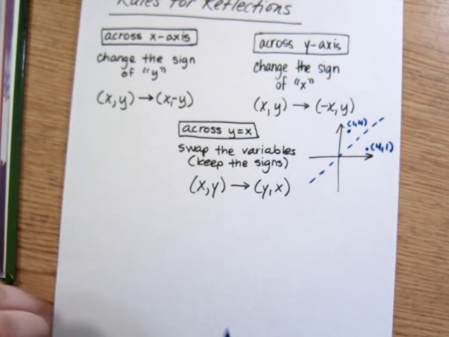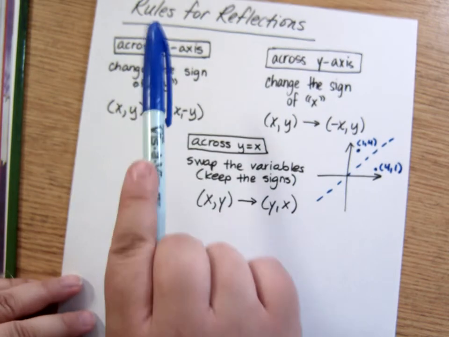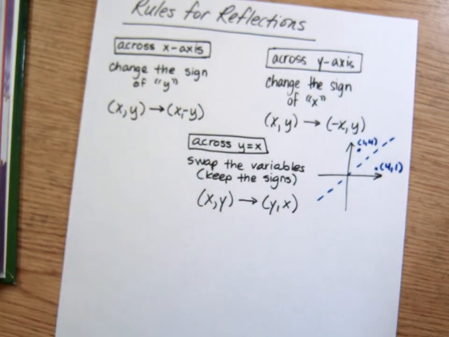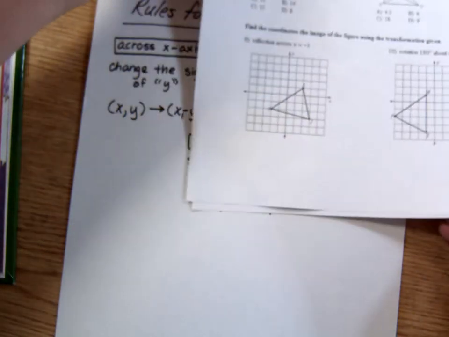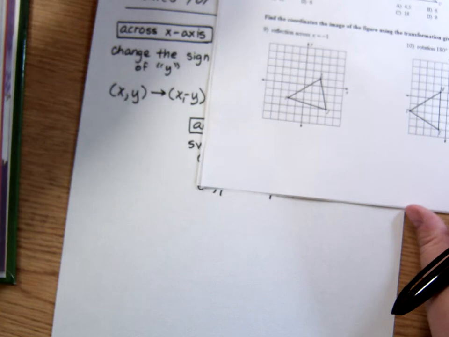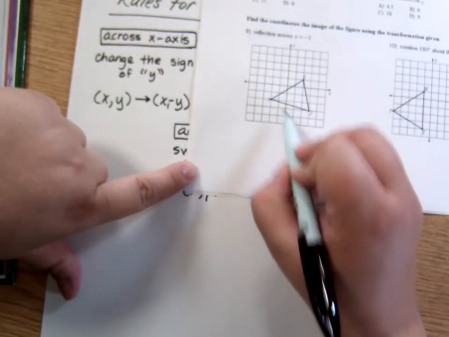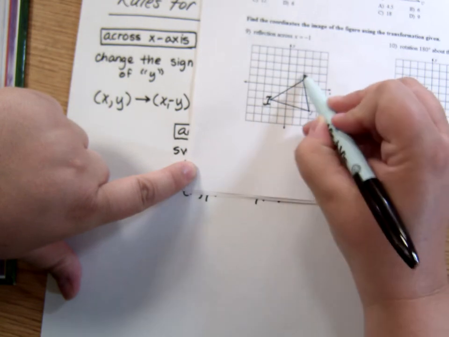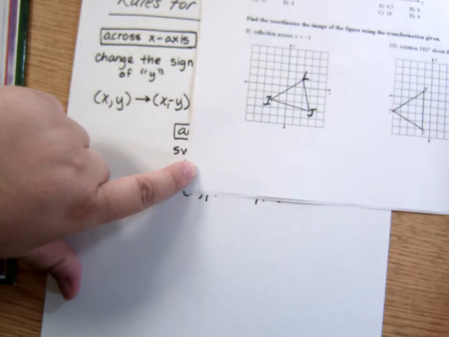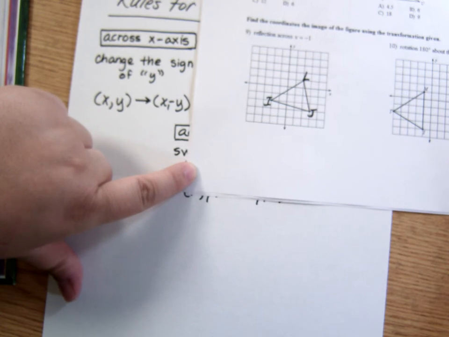Okay, there's another thing that can happen. You can reflect across a specific line that you're told, like a horizontal line or a vertical line that is not the x-axis or the y-axis. So for instance, in the assignment that you did recently, or that my students did today, it asked you to take this triangle that has vertices I, L, and J, and reflect it across the line x equals -1.